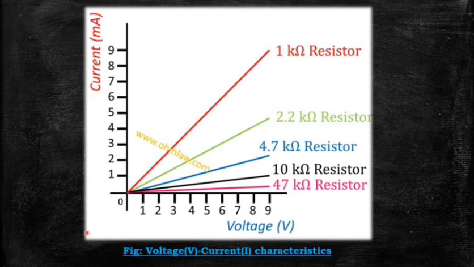If we are passing 2 volt, it will be 2 milliampere. Just look at this. If we are passing 3, then it will be 3 milliampere for 3 volt. So for every volt, the current is proportionally increasing.